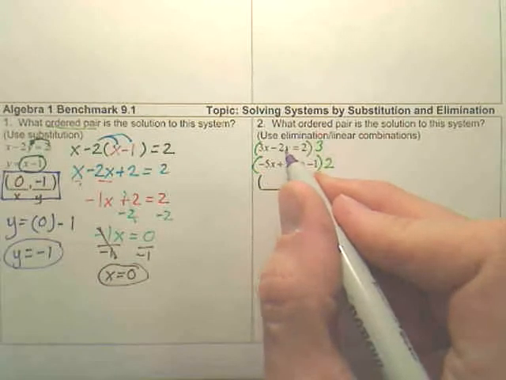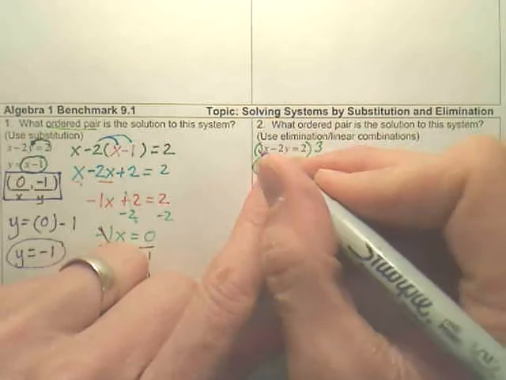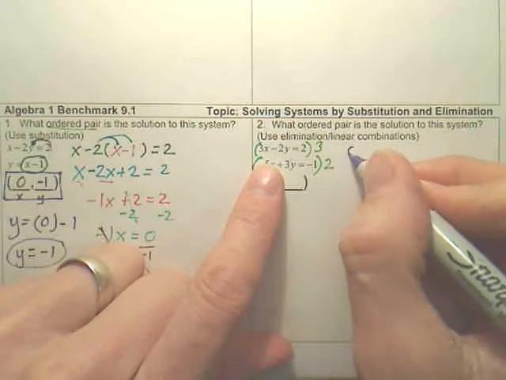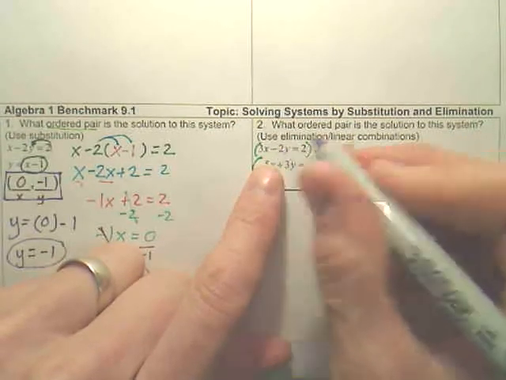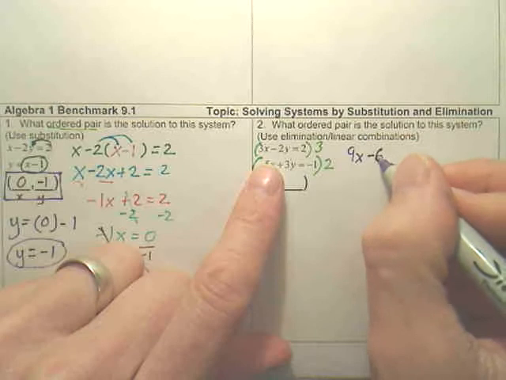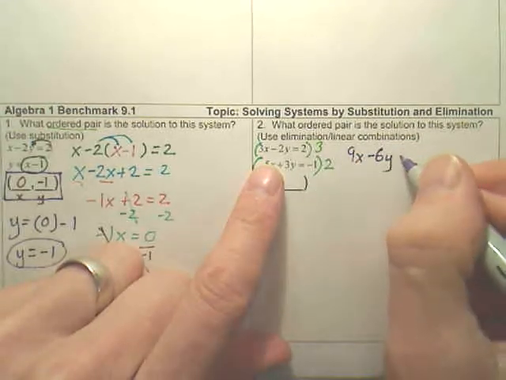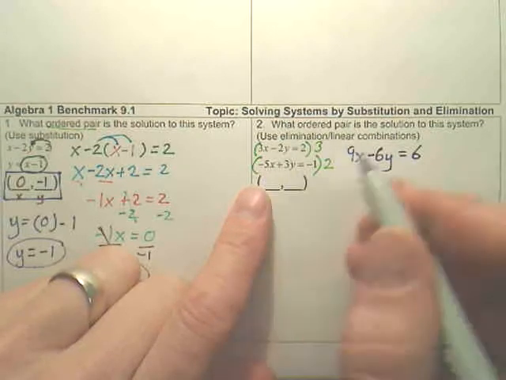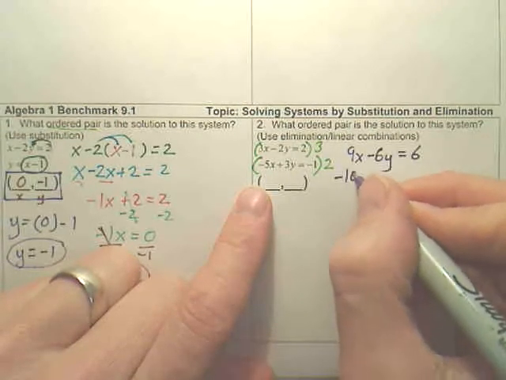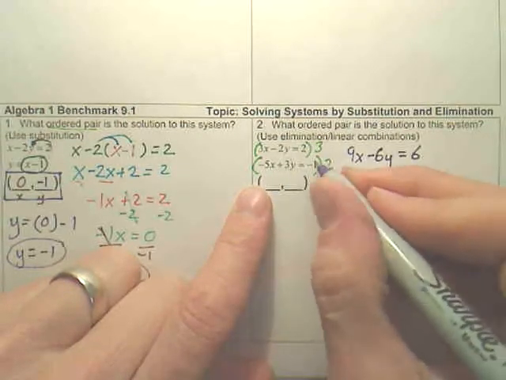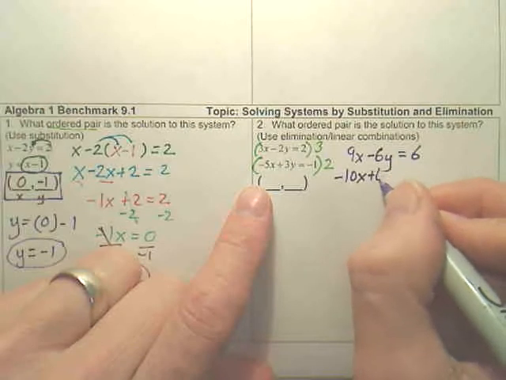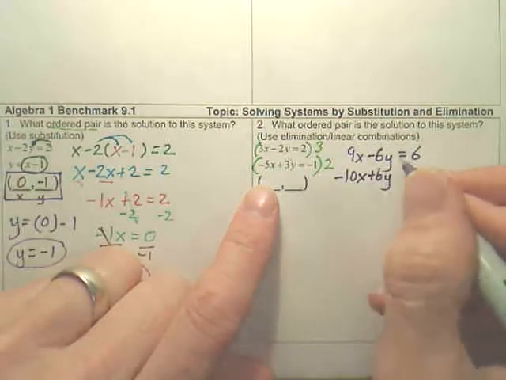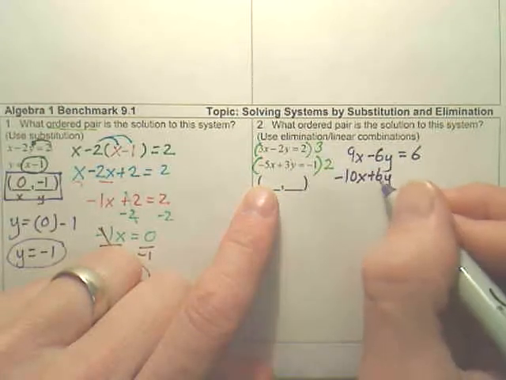So I chose 3. And when I multiply 3 times 3x, I end up with 9x. 3 times negative 2y is negative 6y, and 3 times 2 is 6. 2 times negative 5x is negative 10x. 2 times 3y is 6y.